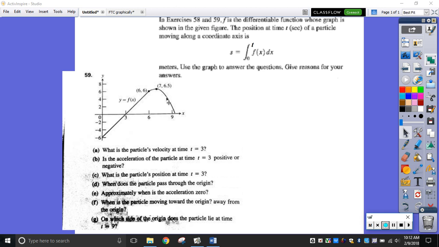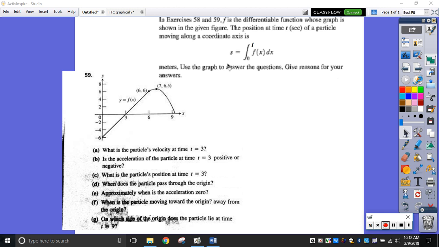So they're telling us that the position is defined as the integral of f of x, and this is a graph of f of x. So you can kind of think of this as the graph of your velocity. And so if I integrate velocity, I get position.